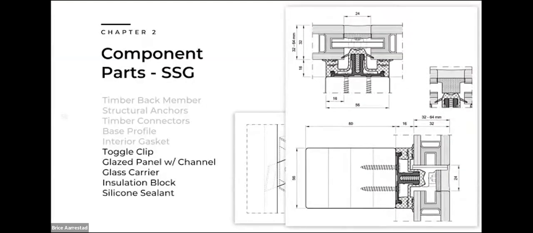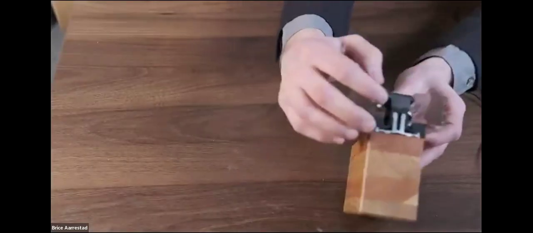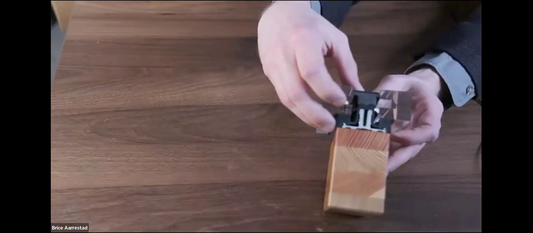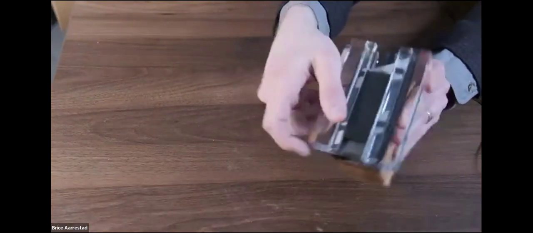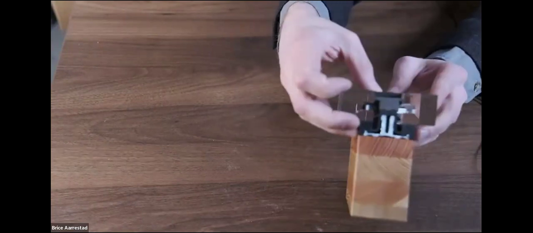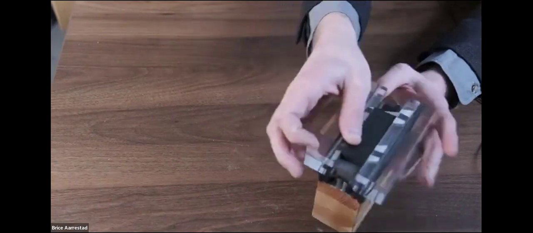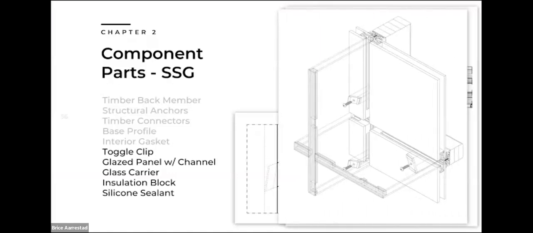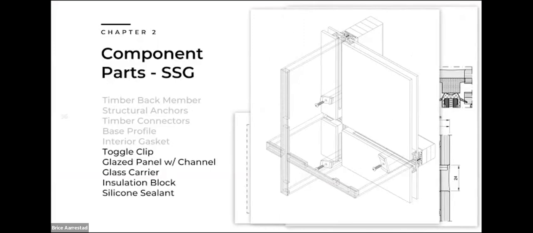There also is a foam gasket that fits into the glazing channel that acts like a backer rod for that perimeter sealant. It provides a little bit of thermal isolation as well. And then here's how all of that works together. So that's how SSGs are usually accomplished.